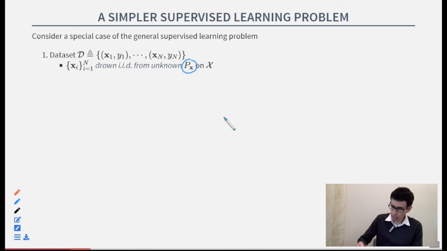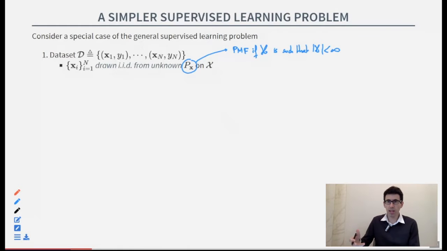When I write Px here, what do I mean? You want to think about it either as a PMF, a probability mass function, if the alphabet X over which you take the feature vectors is finite.